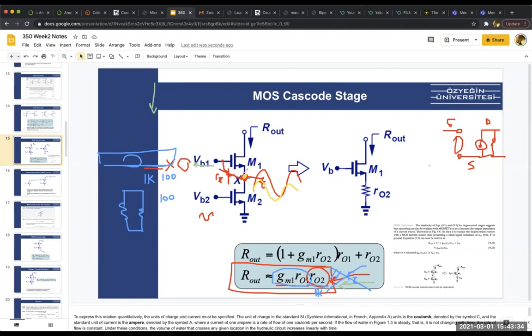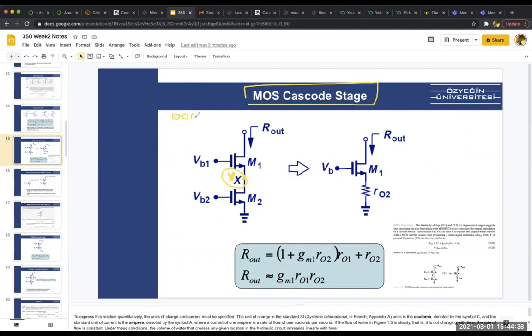So the equivalent impedance in this node is important to get a higher voltage here, okay? At 100 gigahertz, that node becomes very critical because there is parasitic capacitance. Parasitic capacitance means these transistors have their internal capacitance because this is CGS, this is CGD. So there are internal parasitic capacitances due to these transistors.